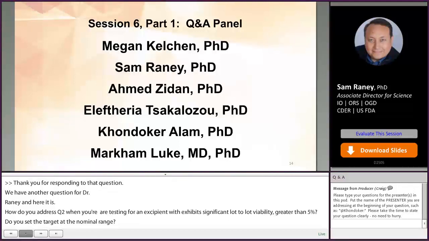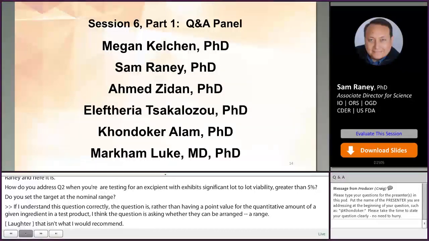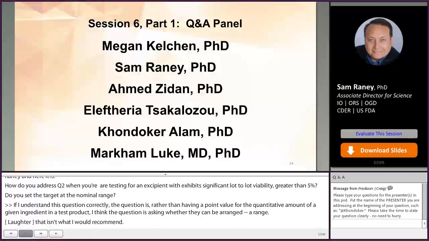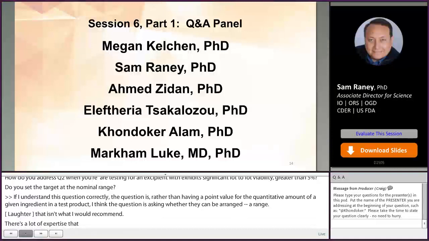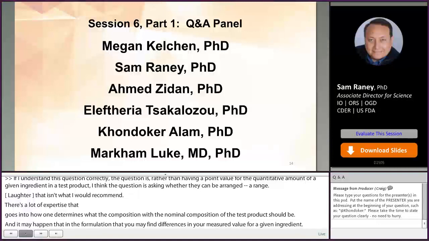There's a lot of expertise that goes into how one determines what the nominal composition of a test product should be, and it may happen that in deformulation you may find differences in your measured value for a given ingredient. Now, is that because of imprecision in the test method? That's difficult to know, depending on the particular case that you're dealing with.